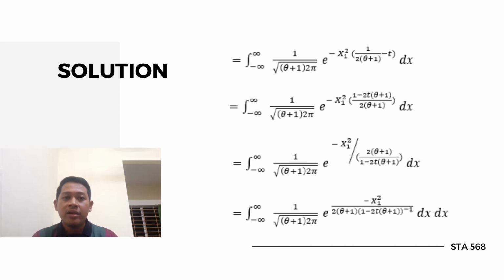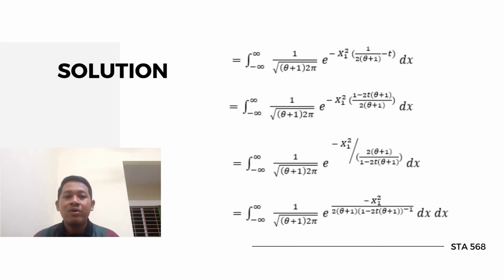Then we take a look at the original normal distribution, and we can see that the power of e is in division, so we must change our value from multiplication to division.